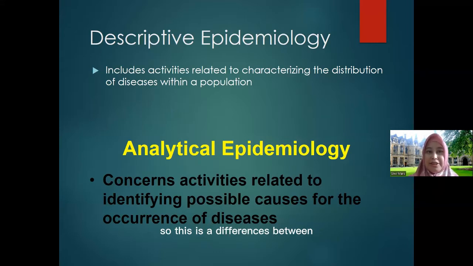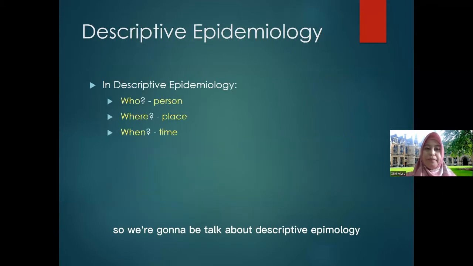So there are differences between descriptive and analytic epidemiology. Descriptive is only describing, but in analytic epidemiology, we have a hypothesis. We will assess the hypothesis and analyze between dependent and independent variables.